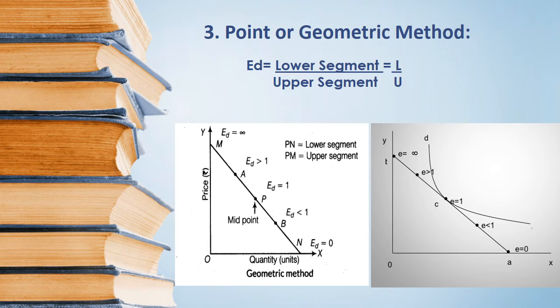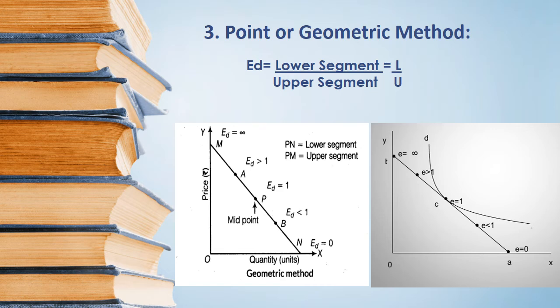Now price elasticity of demand at x-axis is 0 and at y-axis is infinite, and different points are plotted on the curve, and by using the formula lower segment upon upper segment, you can calculate the price elasticity of demand.